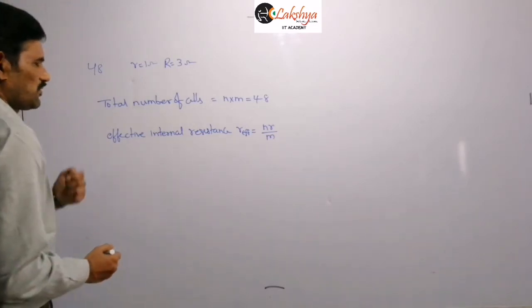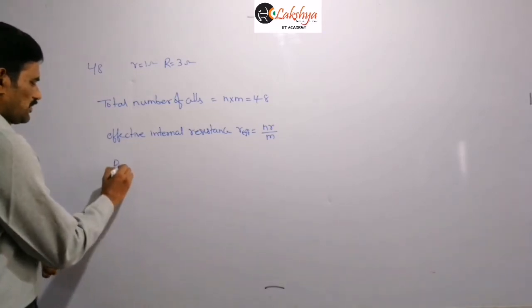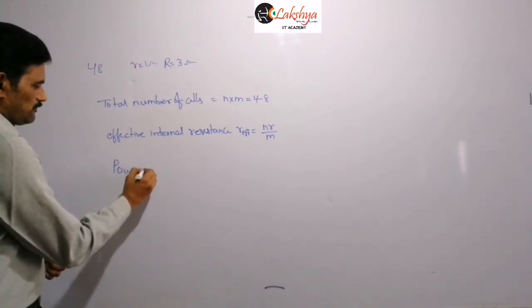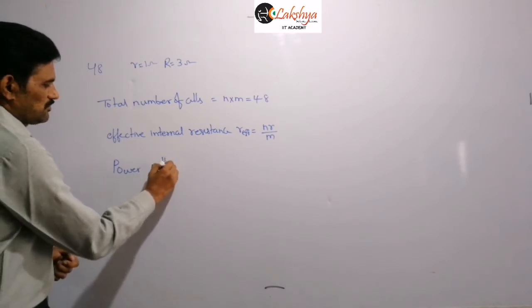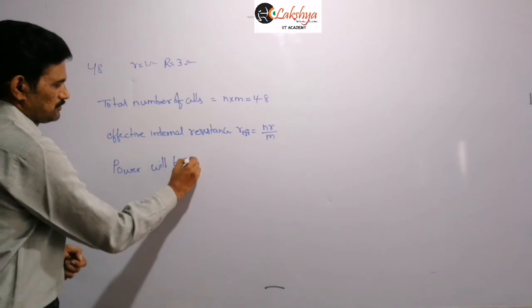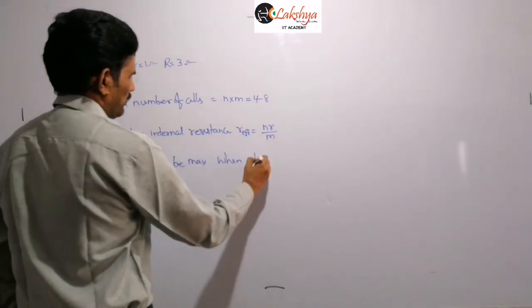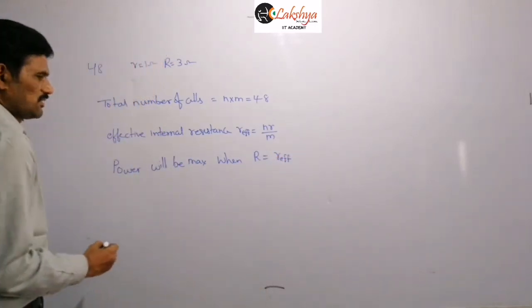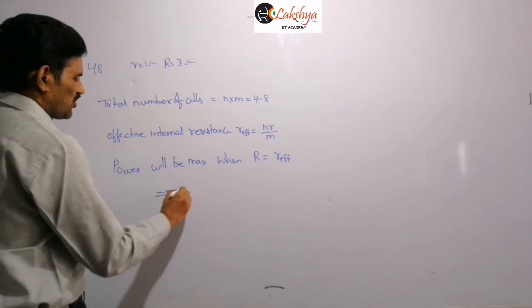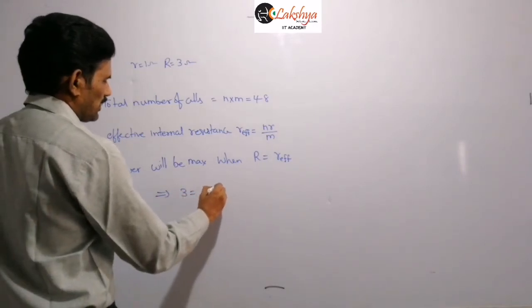And then the power delivered to the resistance will be maximum when the external resistance is equal to the internal resistance. So what we can write is 3 is equal to 1 into n by m.